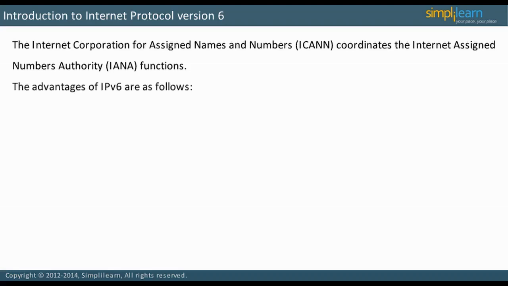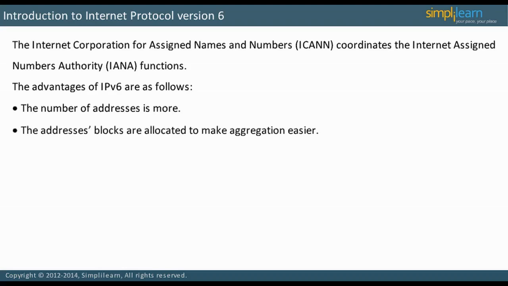The advantages of IPv6 are: IPv6 provides 2 to the 128th power, or 3.4 times 10 to the 38th power, addresses versus 2 to the 32nd power, or 4.3 billion addresses provided by IPv4. The increase in the number of addresses is the biggest benefit of IPv6.